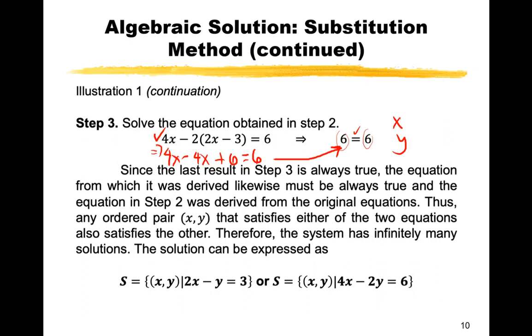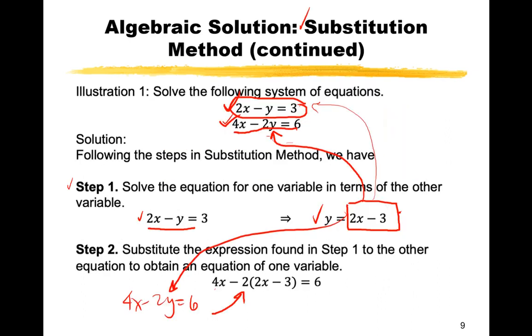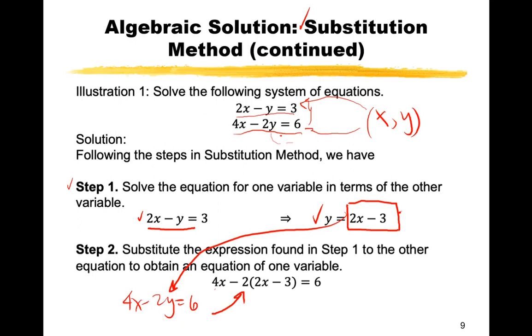This merely implies, no, whatever ordered pair x, y, ang isubstitute natin dito sa ating, say, any of these equations, as long as masasatisfy niya itong equation na to, or ito nasa ilalim, kapag yung specific na ordered pair na nakita or ginamit ninyo ay nasatisfy itong unang equation, automatic na masasatisfy na rin niya yung pangalawang equation na meron tayo.